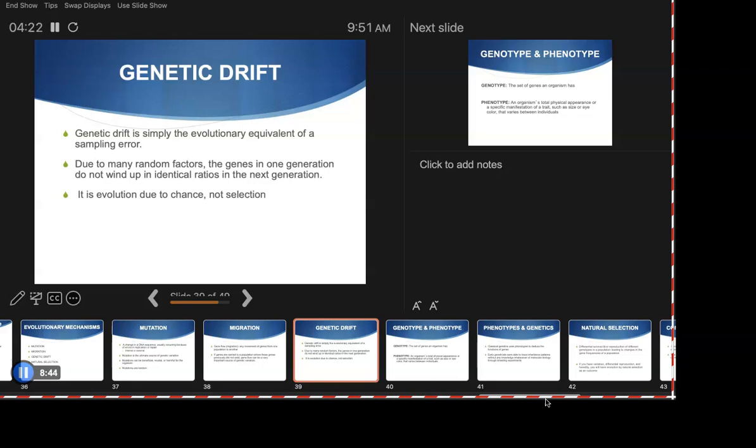It's the same idea as playing Monopoly with your friends and rolling snake eyes 3 times in a row, or double sixes 3 times in a row. You're not supposed to, but it happens. That's what genetic drift is. Punnett squares be damned, kind of thing. It's the evolutionary equivalent of a sampling error.